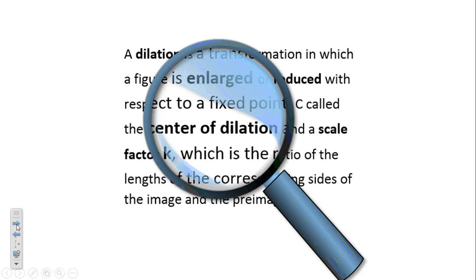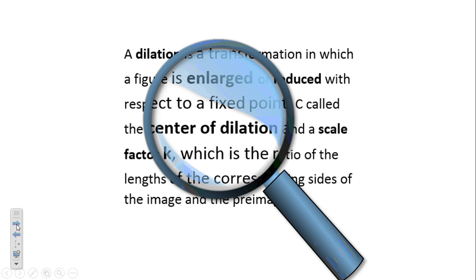So it's very similar to what you use in the real world. So when we want to know whether we're enlarging or we're reducing, we're looking for a number that is bigger than 1 if we're enlarging, or a fraction that's between 0 and 1 if we're reducing. Make sense? That's our number K.